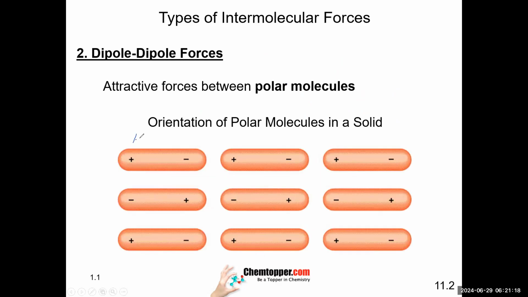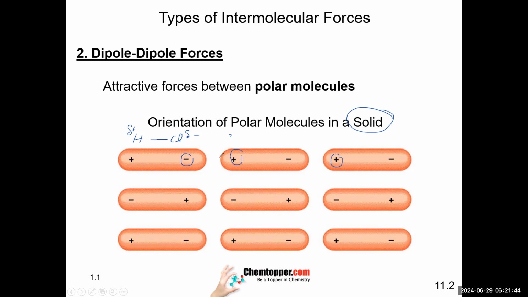So this is your HCl. This is delta plus, delta minus. If it is in the solid form, it's a molecular solid. So what are the attractive forces in this molecular solid? The major attractive forces are dipole-dipole. Can you see how properly it is oriented?